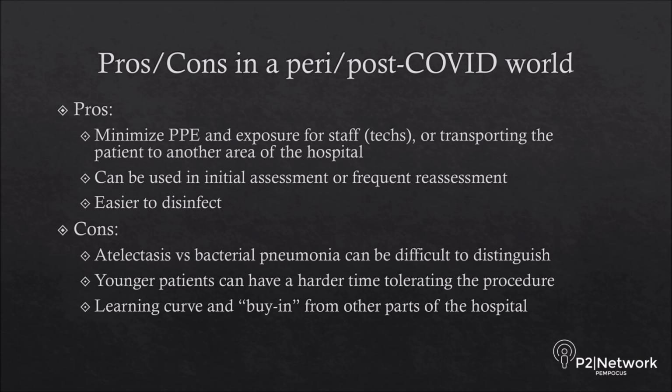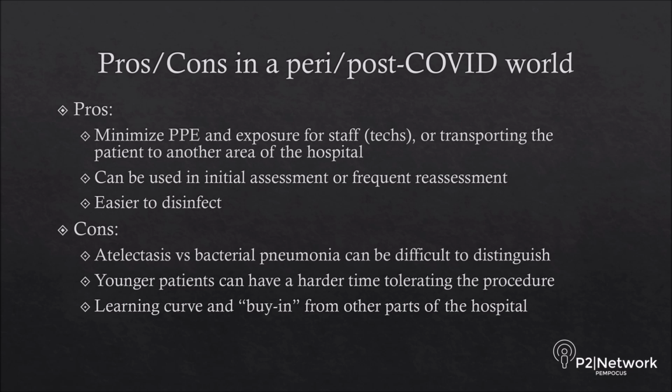The cons are that lung ultrasound isn't very specific for COVID-19, and if you see a consolidation, it can be hard to tell whether it's atelectasis and a collapsed lung from a viral process or some other inflammatory process, or if it's a true bacterial pneumonia.